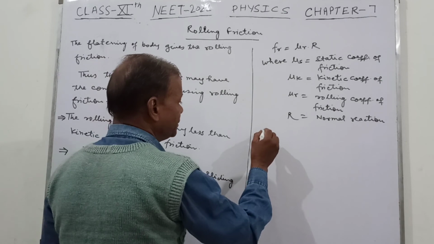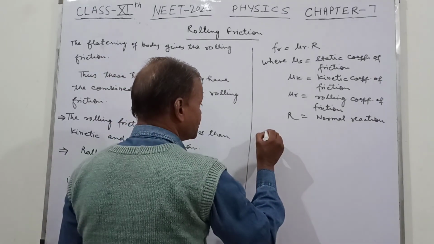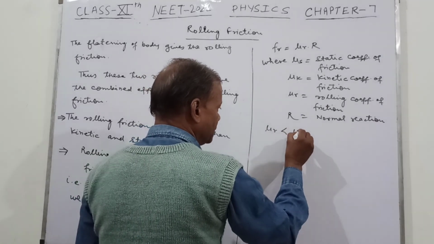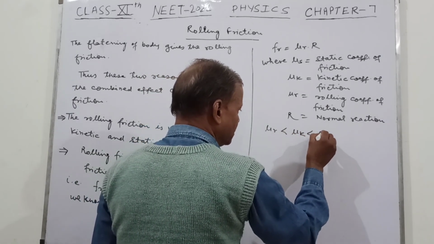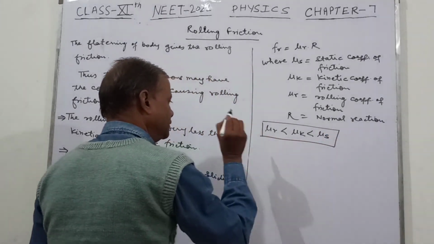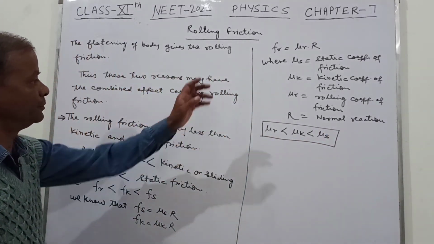So we can have mu r less than mu k less than mu s. This is what we are having with this one.